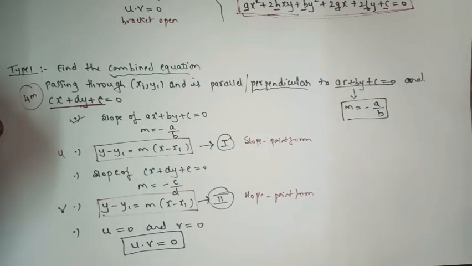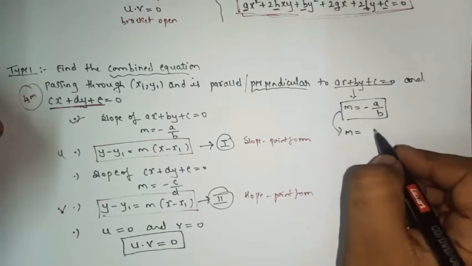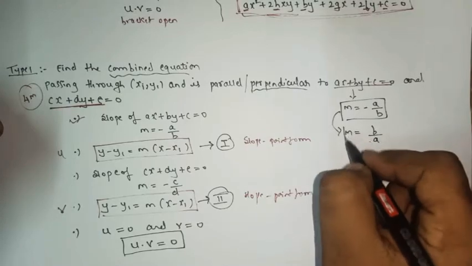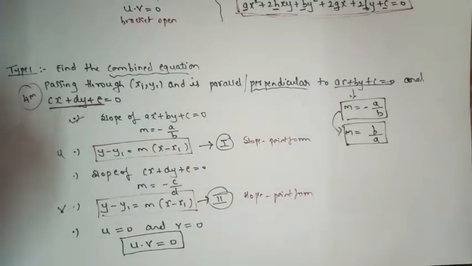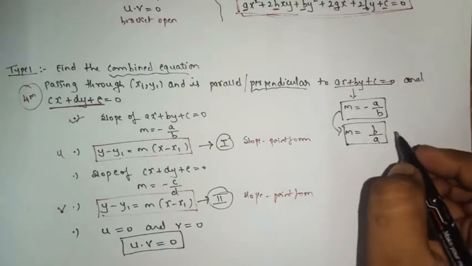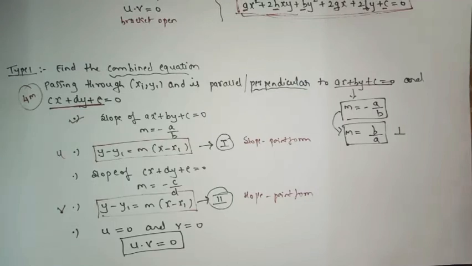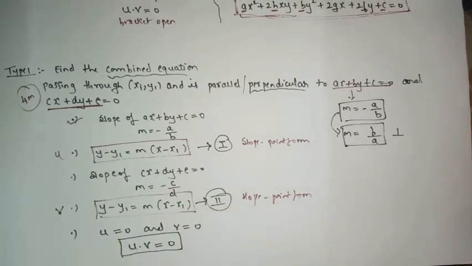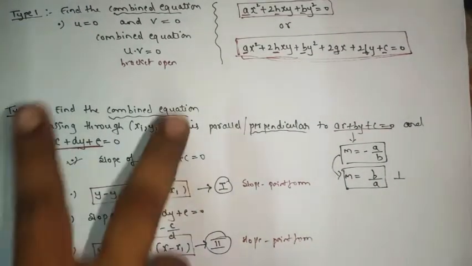But if the word perpendicular comes, in the next step you take the reciprocal with the opposite sign. Now this slope will become the slope for the perpendicular condition. Got the point? These are the steps which you have to follow. Got the difference between these two types? It is very simple to remember.